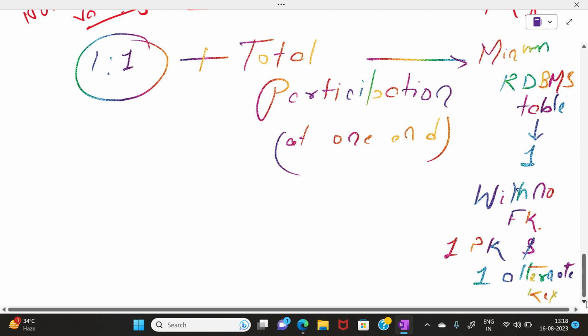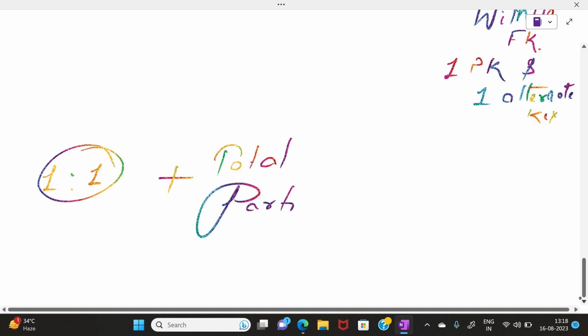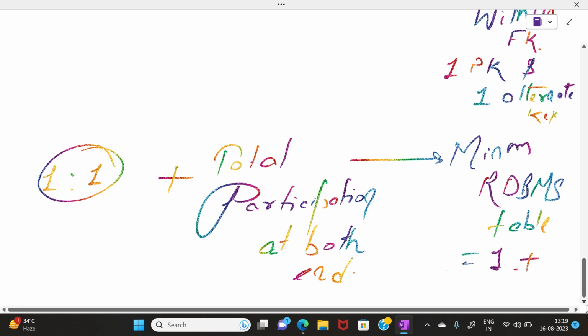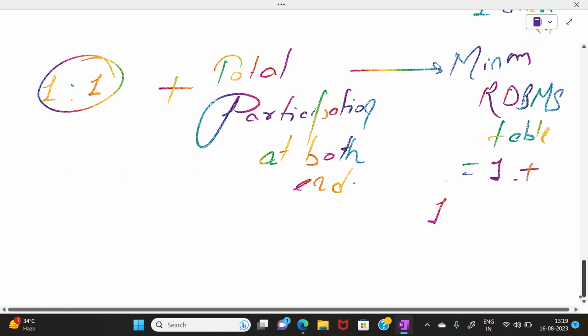Okay, and if we have the same 1:1 mapping, plus the cardinality constraint is total participation at both ends, then we have the minimum RDBMS table count as equal to 1 plus we have two candidate keys.